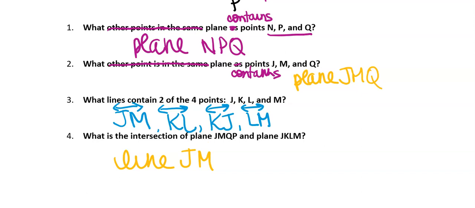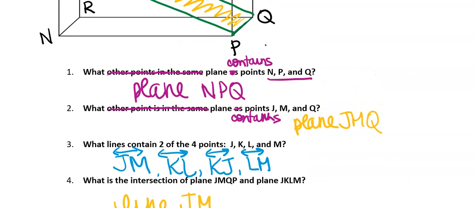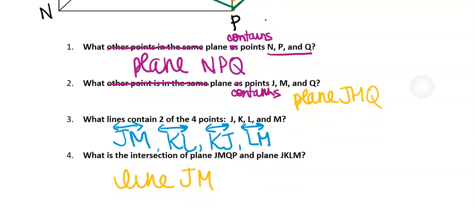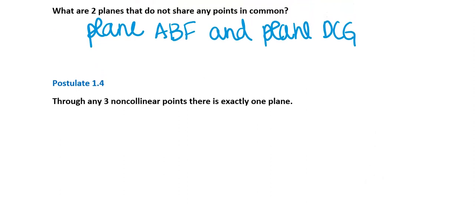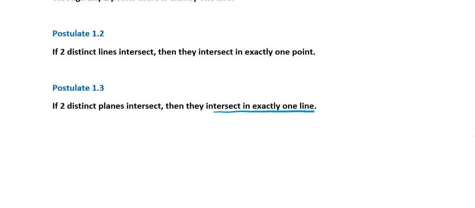I don't need the symbol since I have the word. When you're looking at that one, you can have a double-arrowed line above it, or you can have the word, but just be careful. Use those postulates so that you know exactly what you're doing. When you're looking at the intersection of planes, you are looking at this postulate right here: if two planes intersect, they intersect in exactly one line, so you would have to name a line.